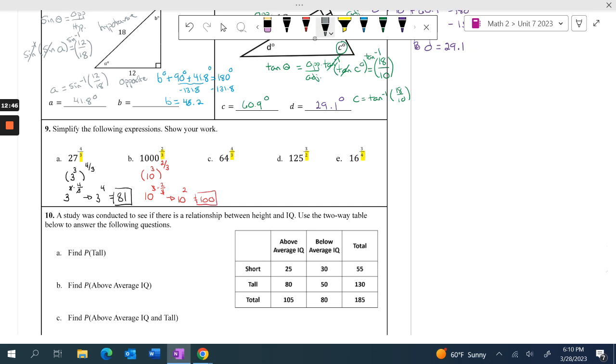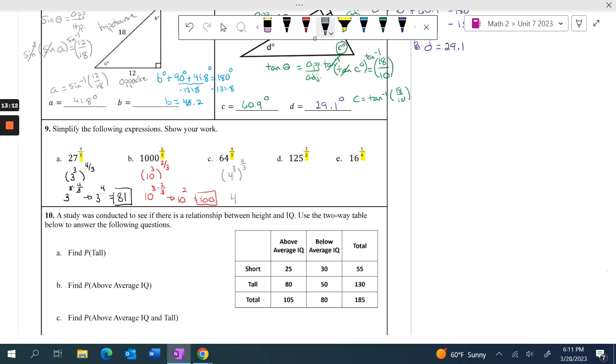C, I have 64 as my base. I have an exponent of 4/3. The denominator is 3. So I want to rewrite 64 as some number smaller than 64 to the 3rd power that still means 64, and that would be 4. So I rewrite 64 as 4 to the 3rd power, and then I have this exponent of 4/3, and then I simplify.